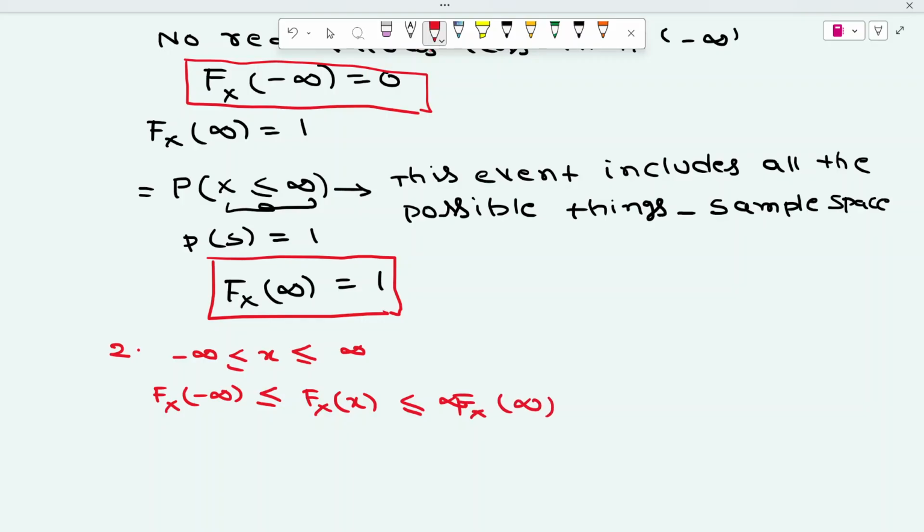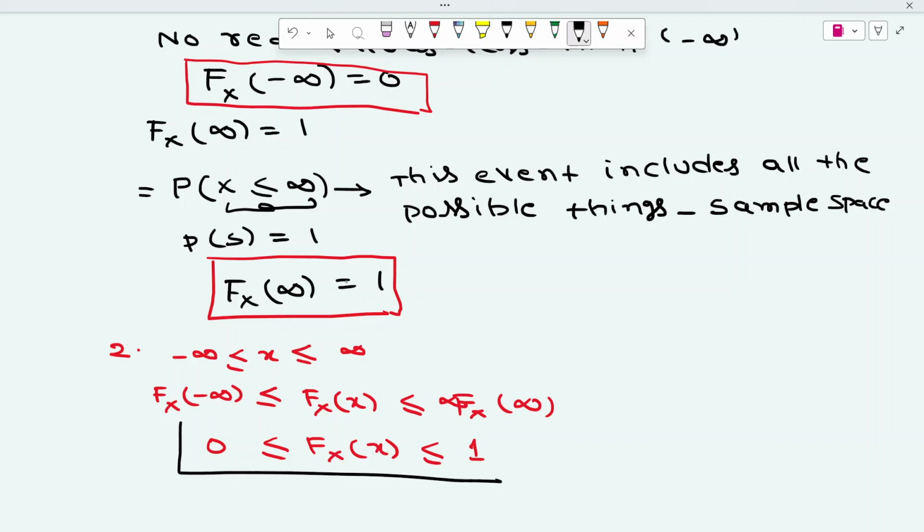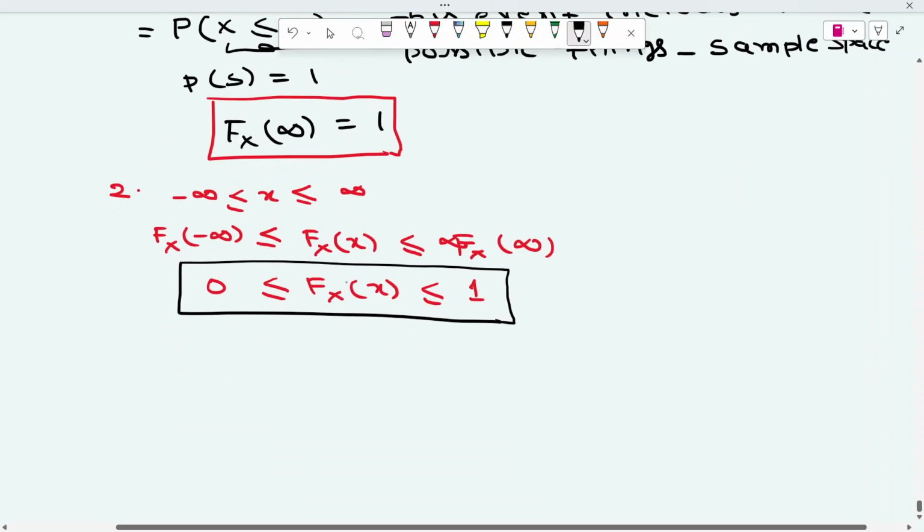Just now we have seen Fx(minus infinity) is 0 and Fx(infinity) is 1. That is why the range of the distribution function is always between 0 and 1. So this is the second proof.